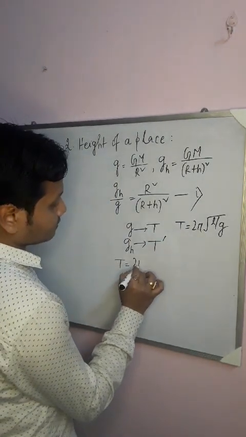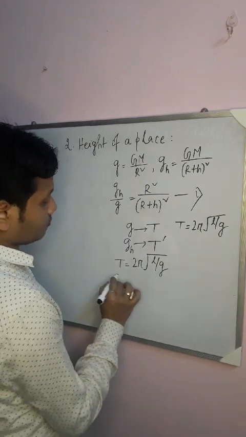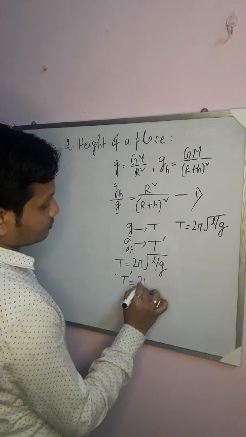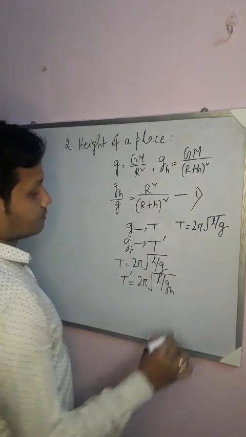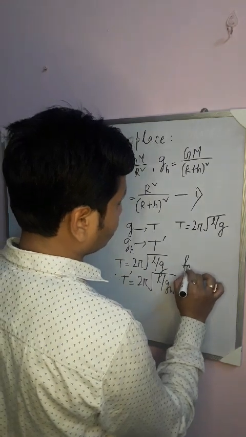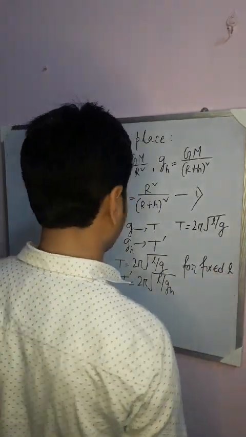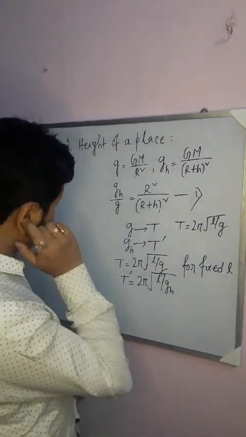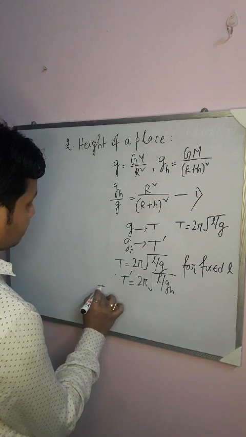T = 2π square root of l/g for a fixed length, and T' = 2π root l/g_h for fixed l.